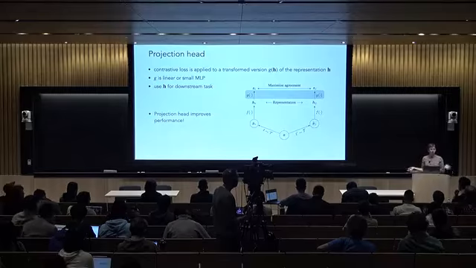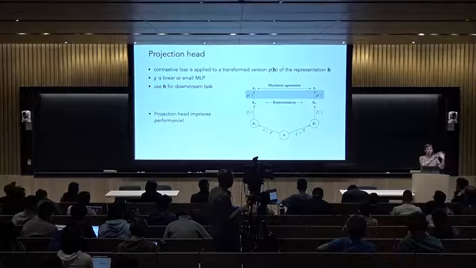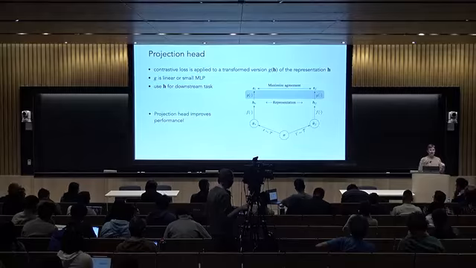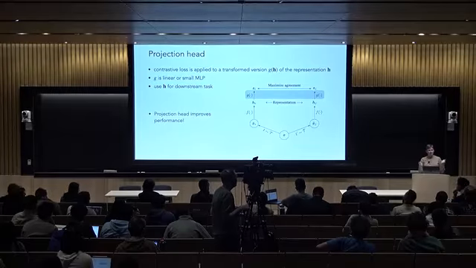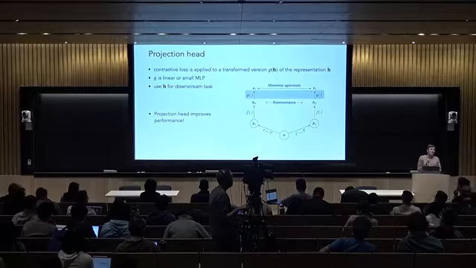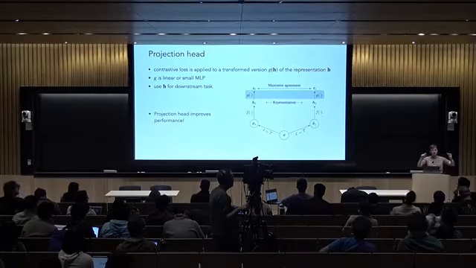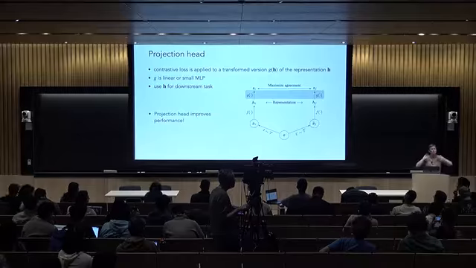For example, if you're trying to explicitly enforce this contrastive loss, you're really trying to push things that are augmentations of the same object completely together, but actually maintaining some dimensions of variance to some of those differences may be a helpful thing. This isn't something that's been super formalized, but it's some high-level intuition for why we might want to use this representation as opposed to the thing we're actually calculating loss over.